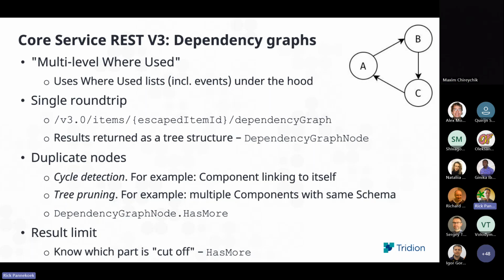So in case you have a cycle, such as in the picture, if you're not careful, you end up in an endless loop, right? Because you're basically giving what A is using. Let's say it's an example where you use uses. So A uses B, and B uses C, and C uses A, and A uses B, and so on and so on. So you don't want to get into that endless cycle, of course.